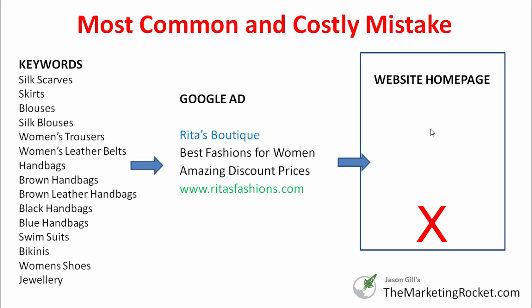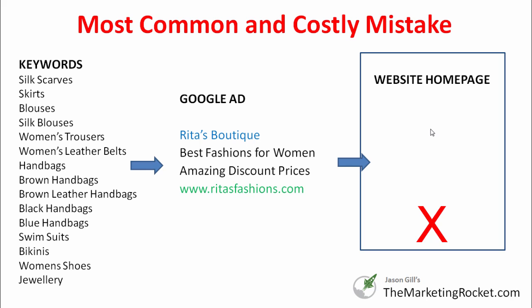So, for example, let's take an example. Somebody who's a perfect customer for Rita. They want a beautiful green silk scarf. So they go onto Google, they type in green silk scarves, and a load of ads come up.